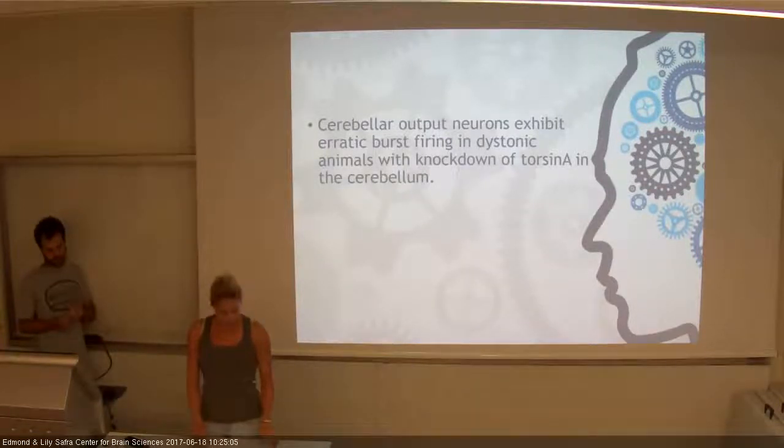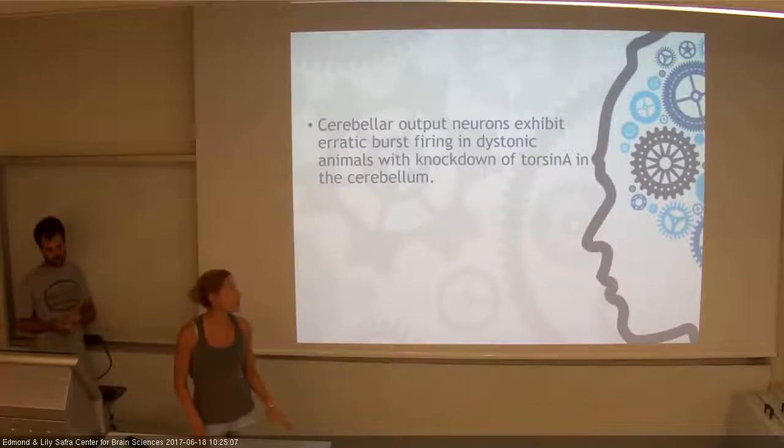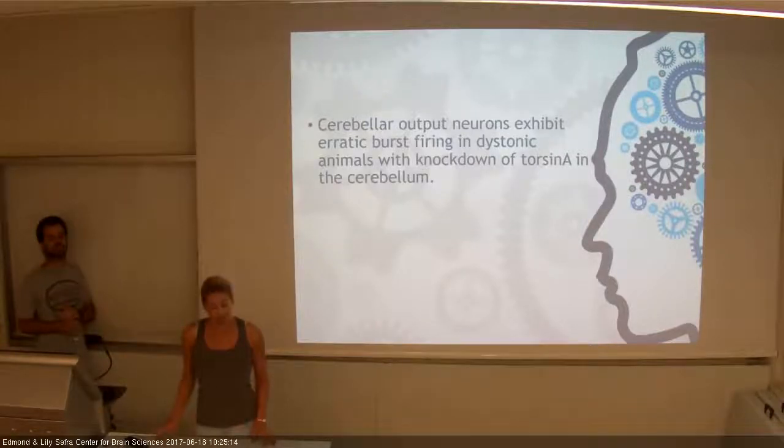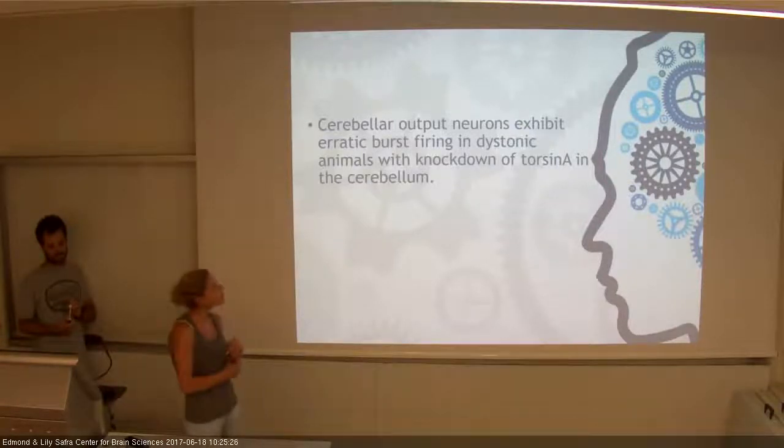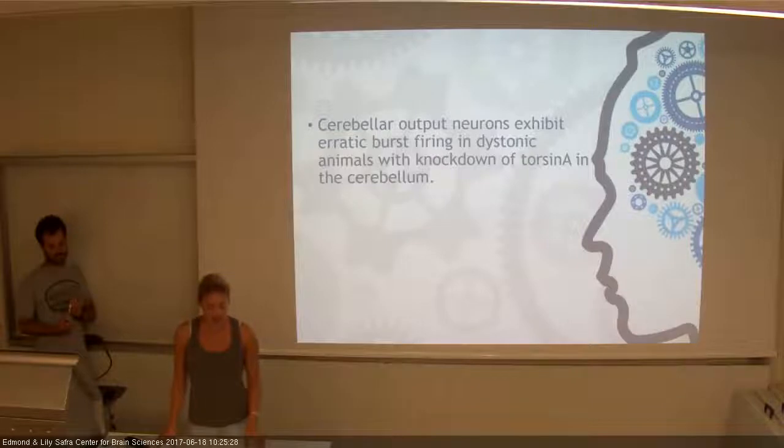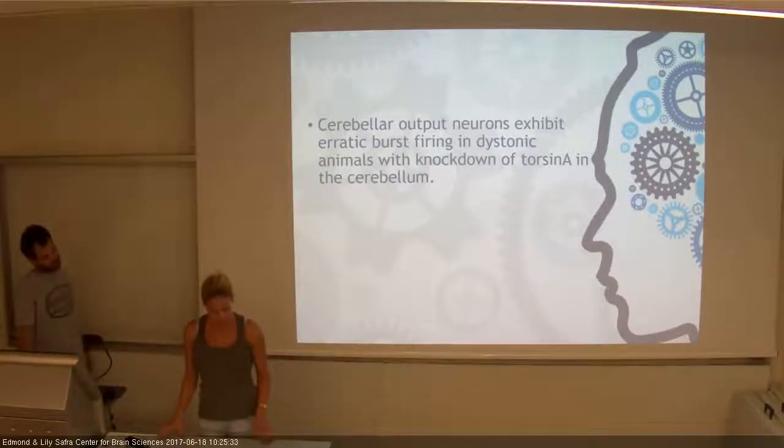Okay. So after they found that the cerebellum is the one that is probably most important and not the basal ganglia, they wanted to see the neuronal activity, because this is a mouse and you can do whatever you want. And so they looked at the Purkinje cells and the DCN, the deep cerebellar nucleus.